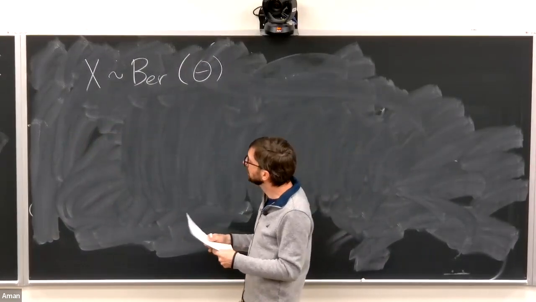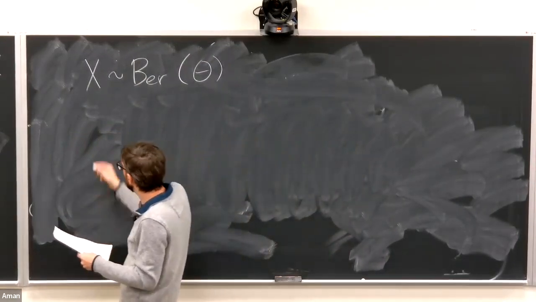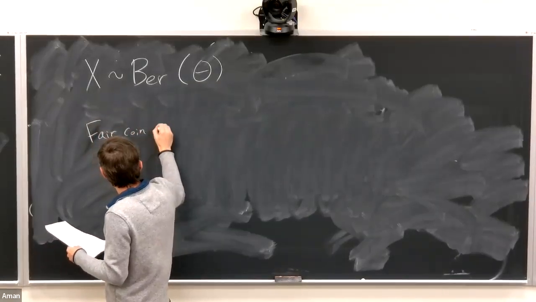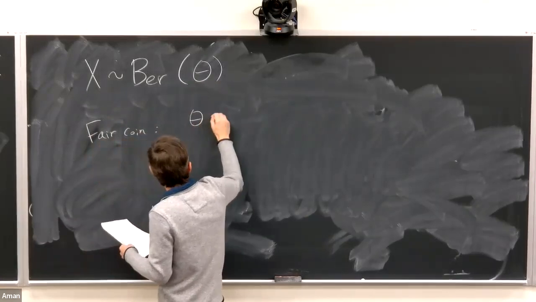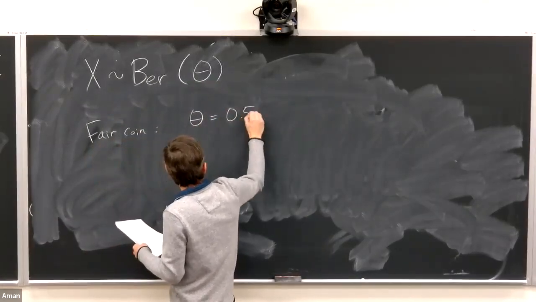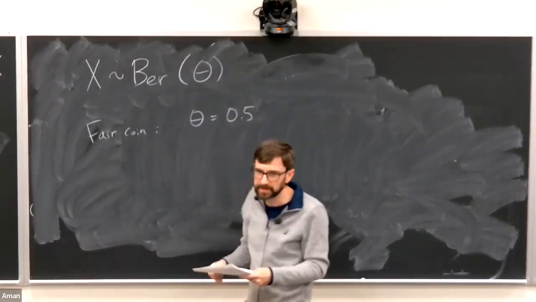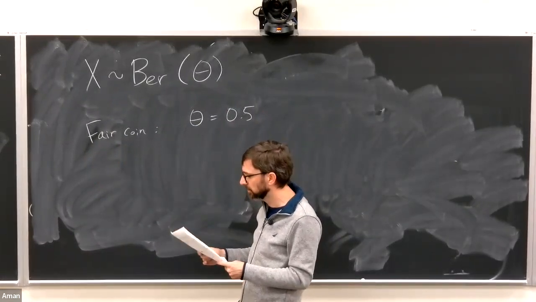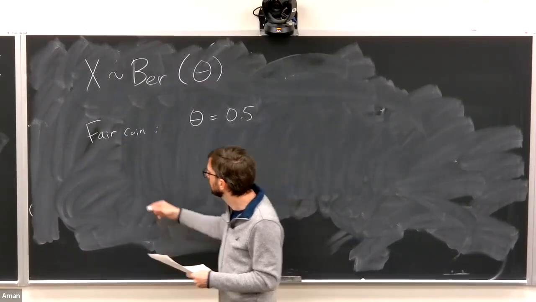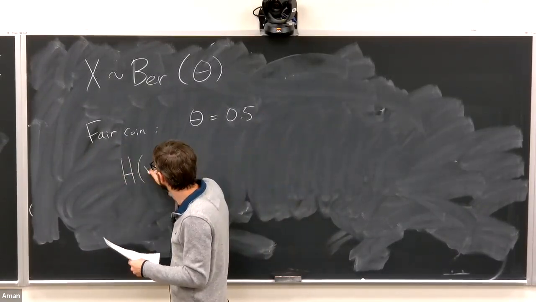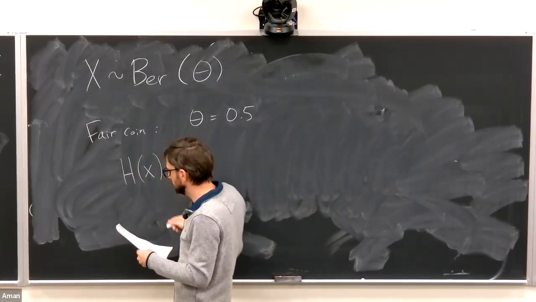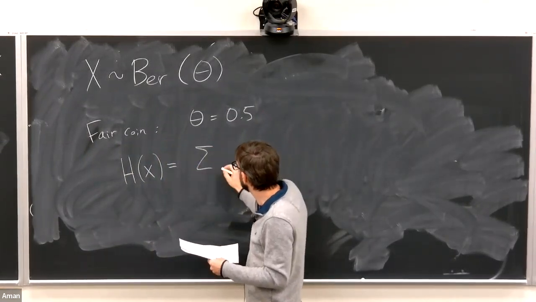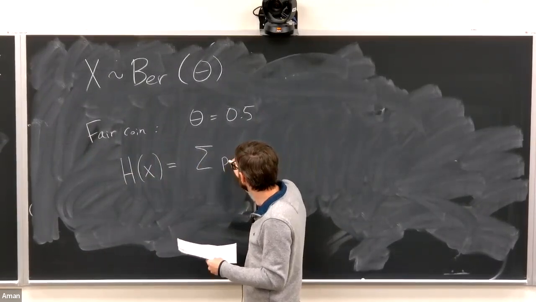Now let's specifically look at a fair coin, meaning 50-50 heads or tails, so theta is equal to 1/2. Think about what the entropy of such a distribution is. H of x is equal to the sum over the different outcomes.